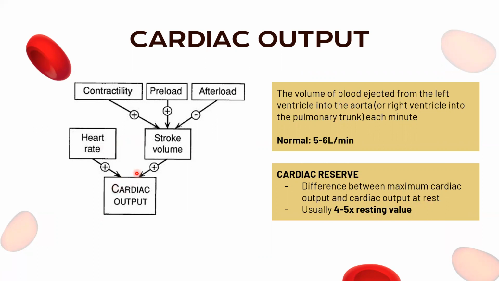The formula to get your cardiac output is to multiply heart rate by your stroke volume. Your heart rate is the number of beats in a minute, and your stroke volume is the amount of blood being pumped to the systemic circulation, which is influenced by the contractility of the heart, the strength, the preload, and the afterload.